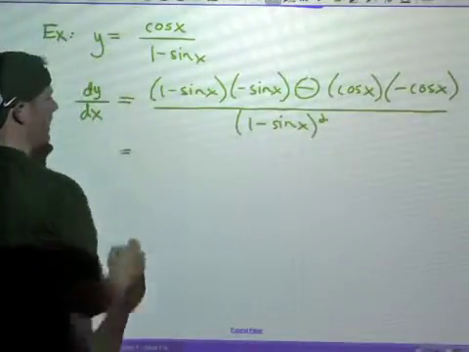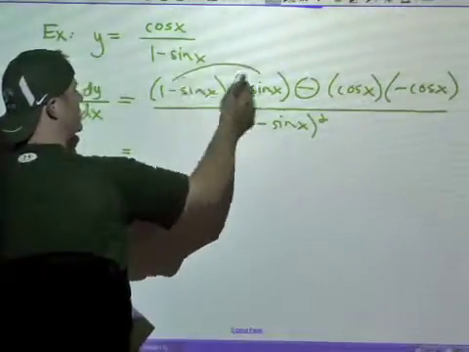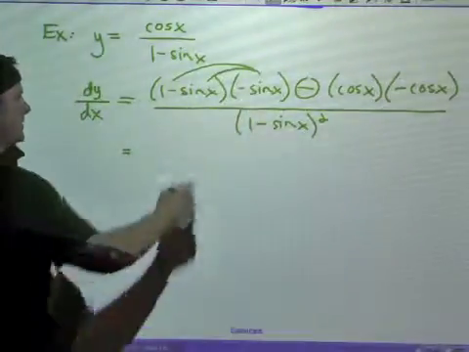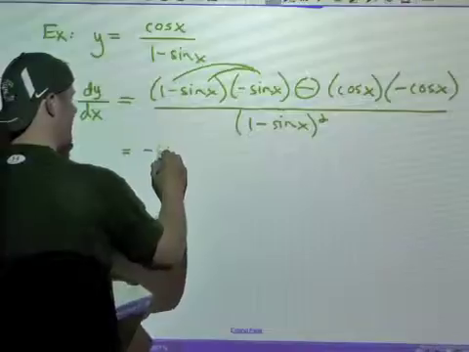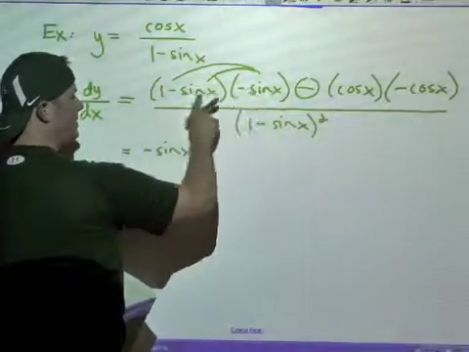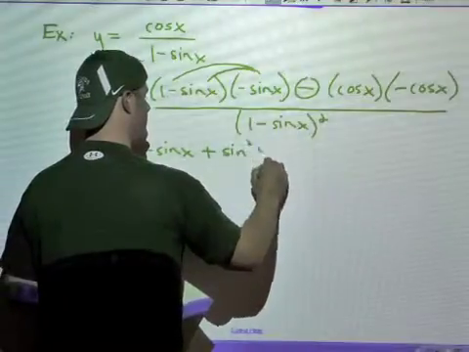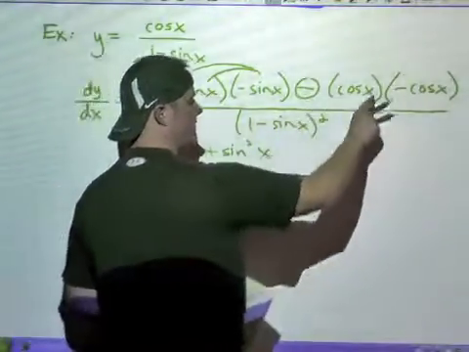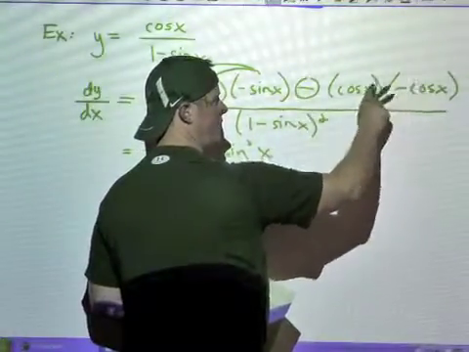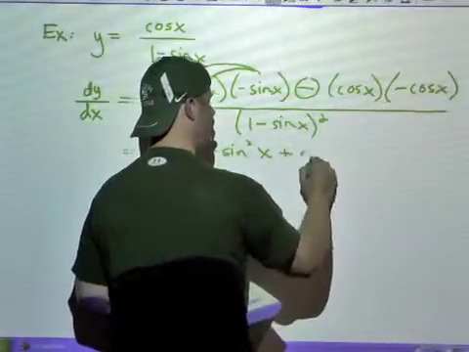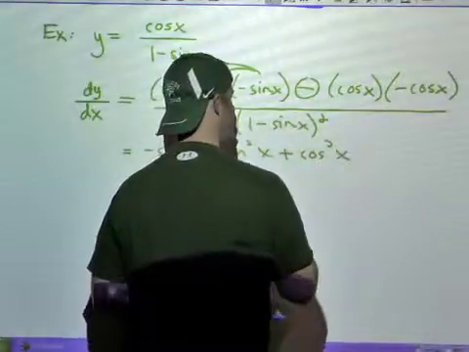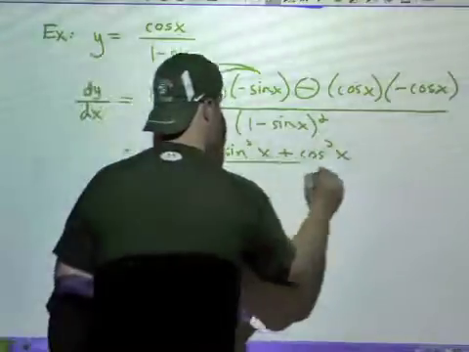Okay, so let's just simplify a little bit here. I'm going to distribute that through. So that's going to give me negative sine x plus sine squared x minus, and this product would be negative cosine squared, so I'm going to make it plus cosine squared x all over.